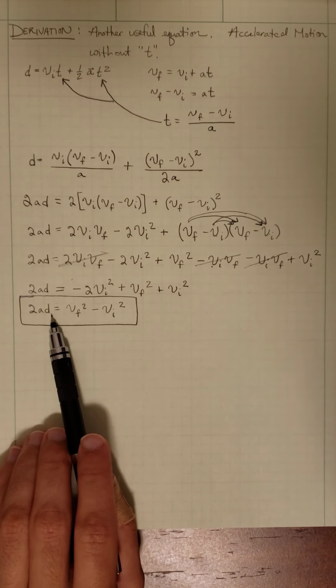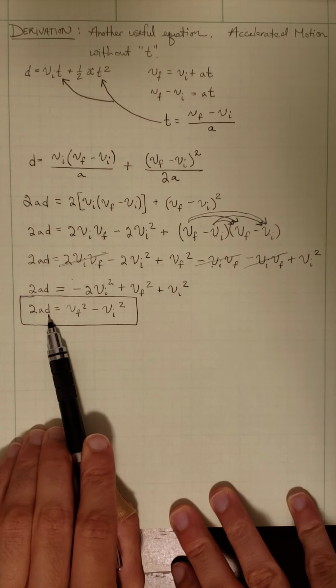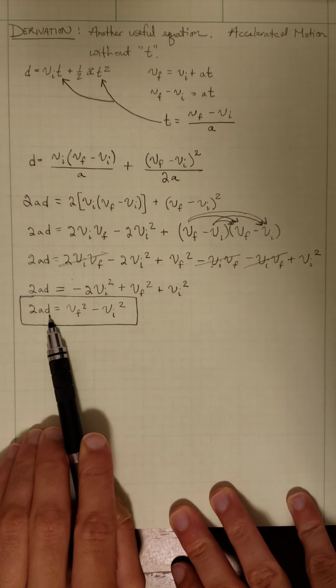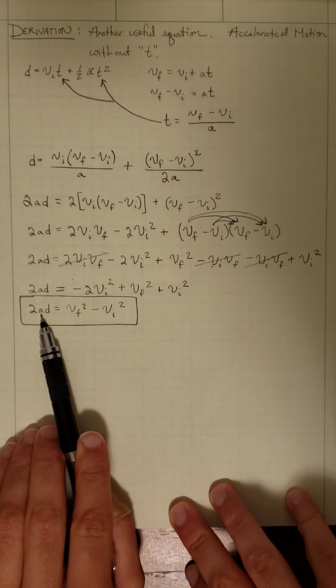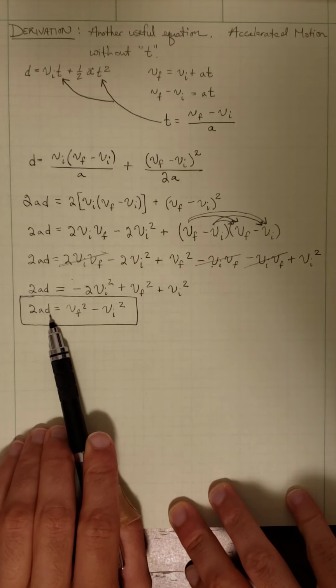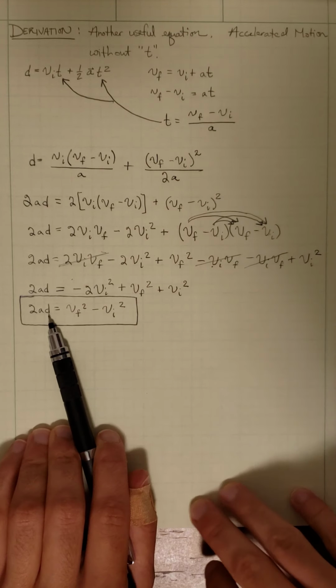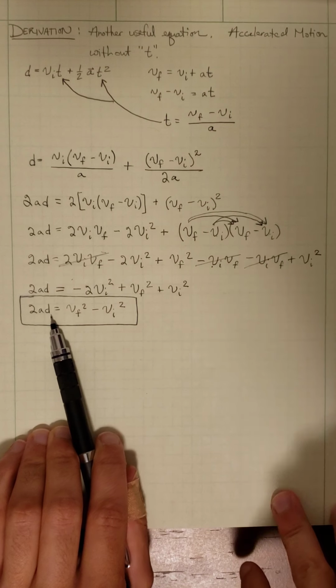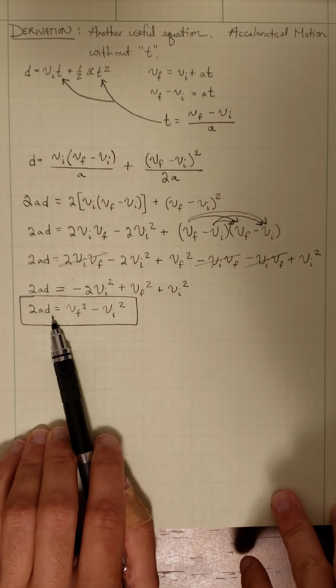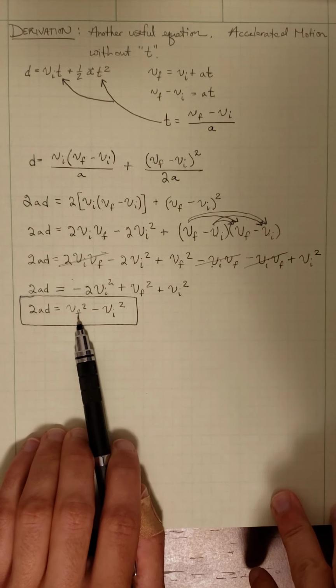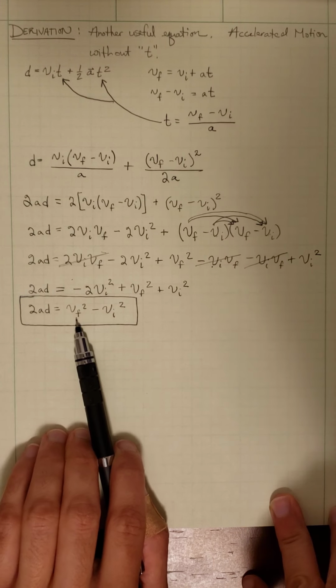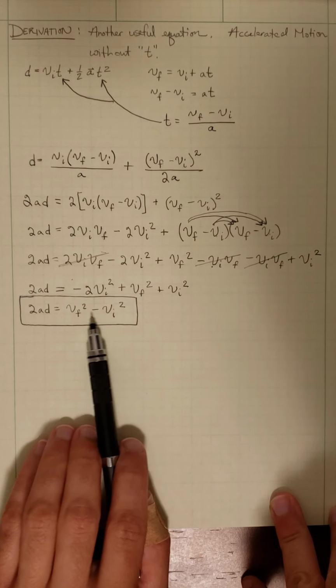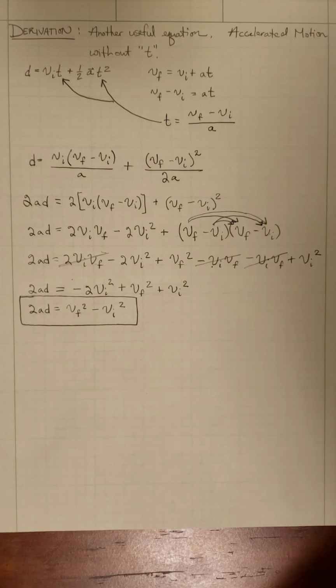We can see that the distance that we need for any given constant acceleration, we'll hold that constant. For any acceleration, the distance that we need to do that acceleration is proportional to the difference of the squares of the initial and final velocities.